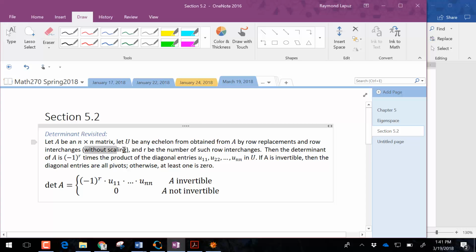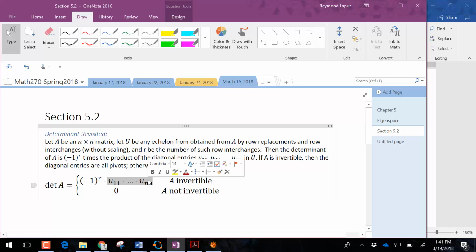And this is the without scaling part, Brian, that you asked about. As long as we don't scale any of the rows, this particular way to compute the determinant would work. So it turns out that if you row reduce something, you can find the determinant by looking at just the product of its diagonals.